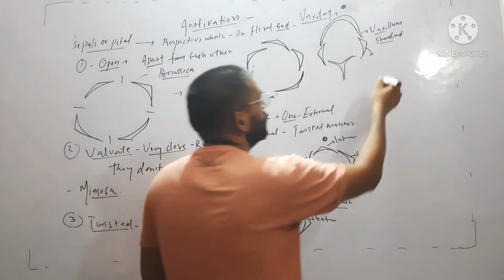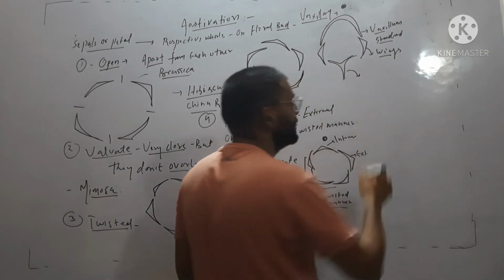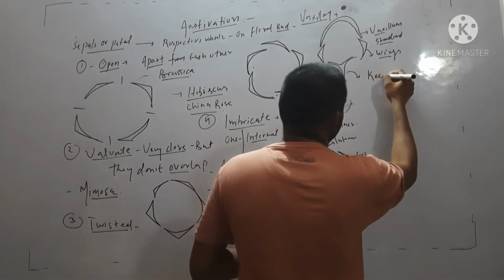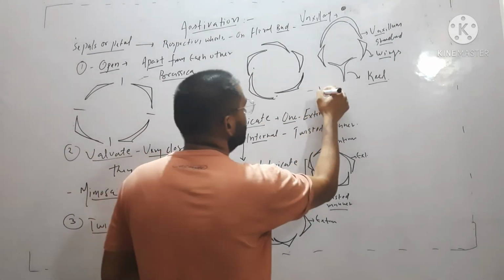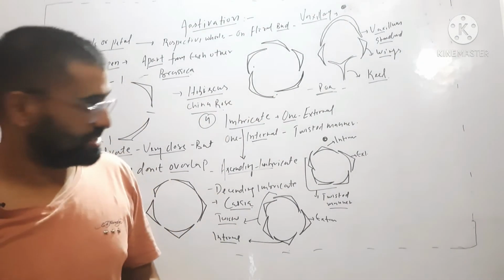Lateral petals are called wings and anterior fused petals are called keel or carina. So this type of estivation is found in the pea plant in family Papilionaceae.